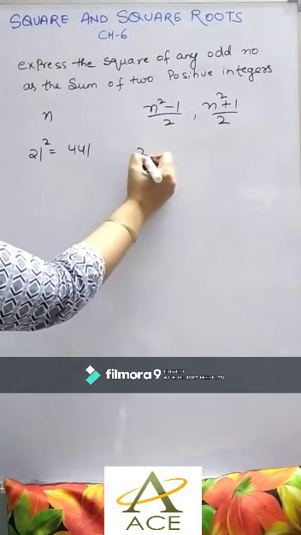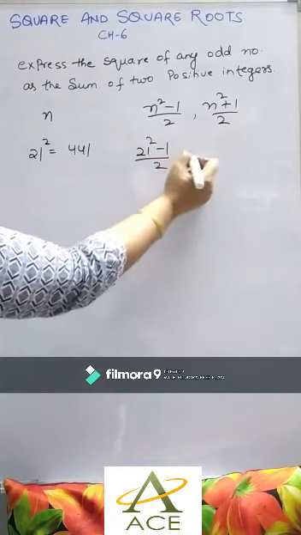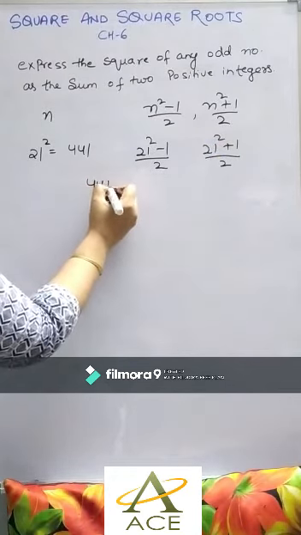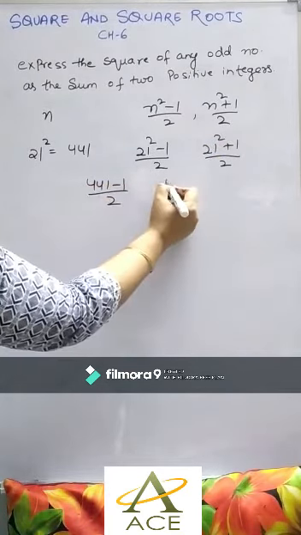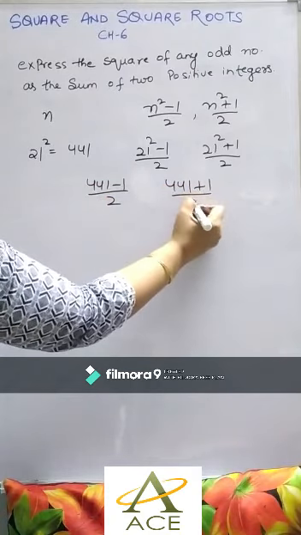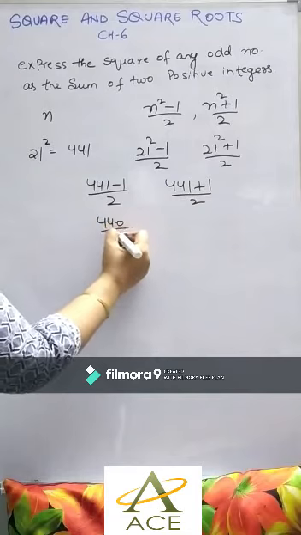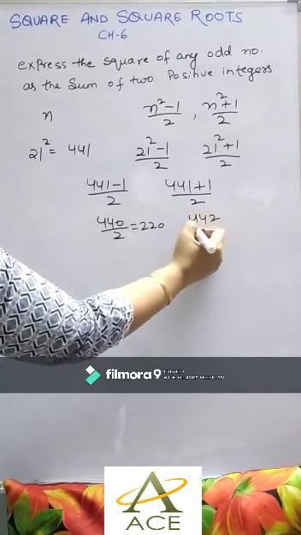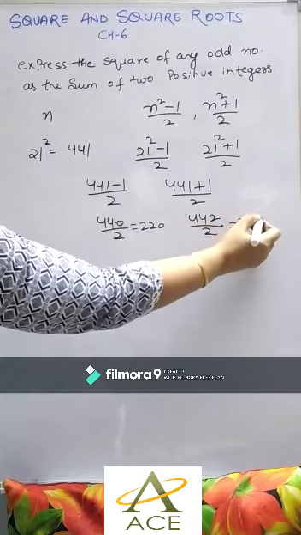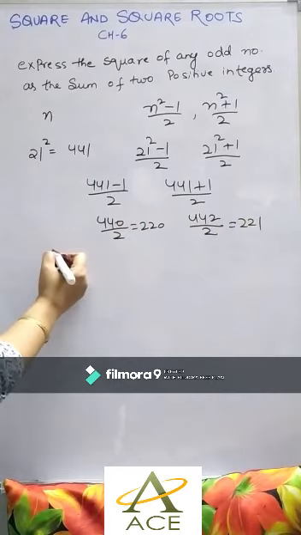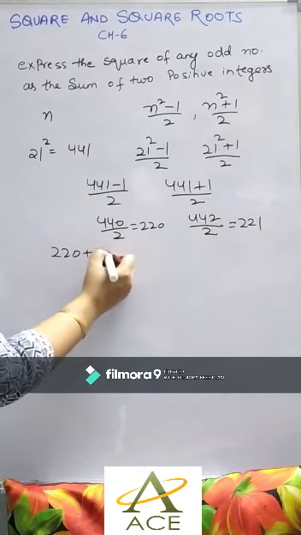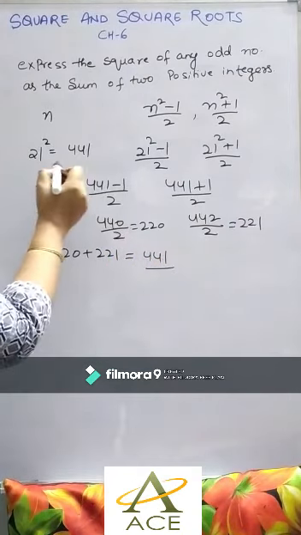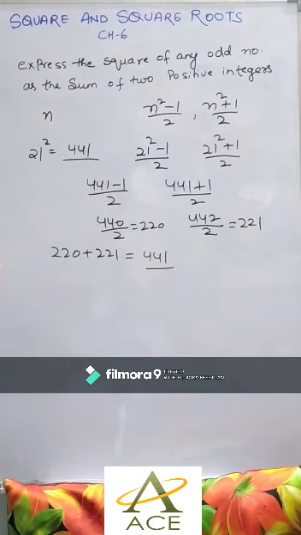So first will be 21 square minus 1 upon 2 and 21 square plus 1 upon 2. 441 minus 1 upon 2, 441 plus 1 upon 2. So 440 upon 2 will be equals to 220 and 442 upon 2 will be equals to 221. Now if we add up these two numbers, 220 plus 221, that will be equals to 441.